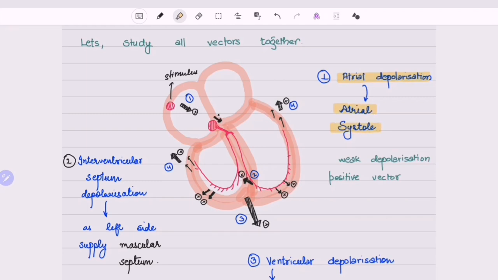Now this depolarizing vector is small and weaker, so we represent it with a smaller vector towards the left and downward side. This is the first vector.